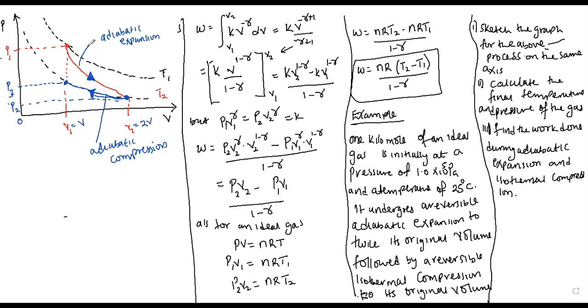So I can have this process labeled A, B, up to C. So AB is what I've called adiabatic expansion. Then BC is what I've called adiabatic compression. When you're compressing the gas, the volume reduces.